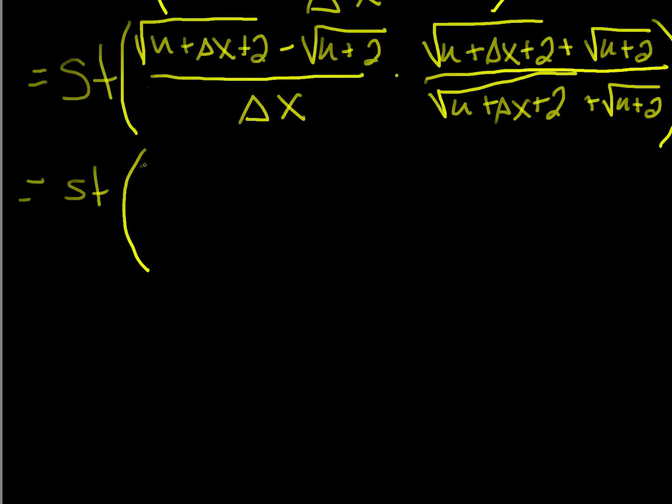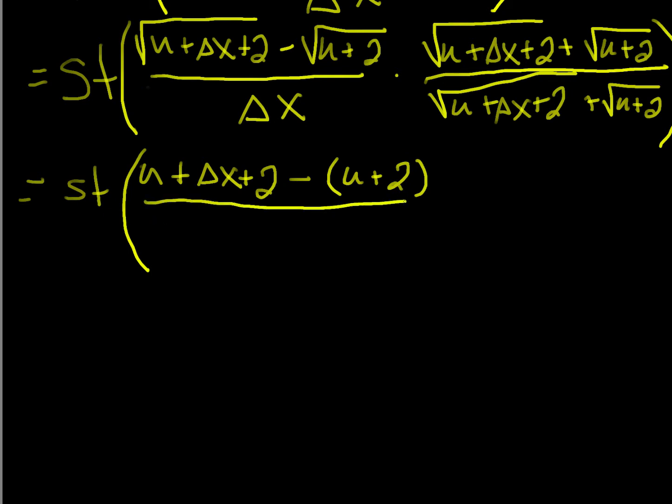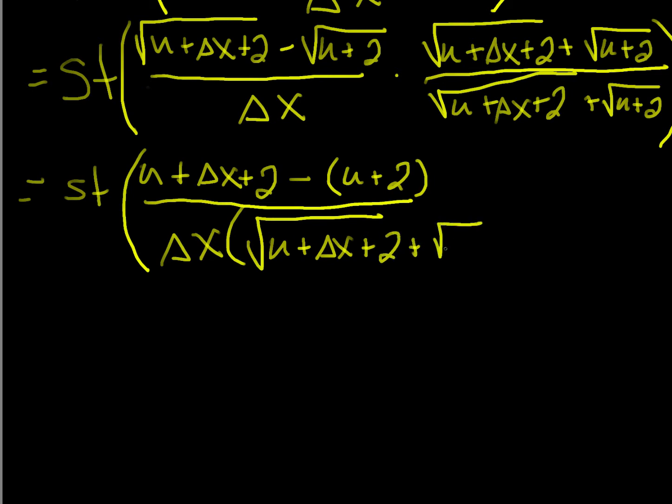So this is just u plus delta x plus 2 minus u plus 2, all divided by delta x times the square root of u plus delta x plus 2 plus the square root of u plus 2.